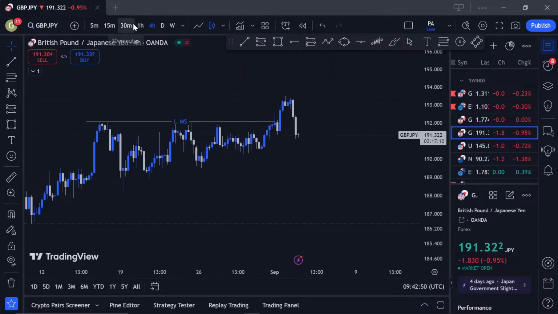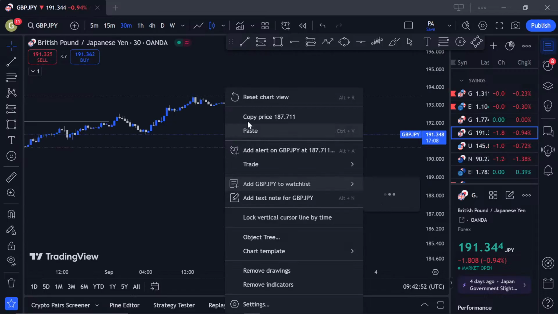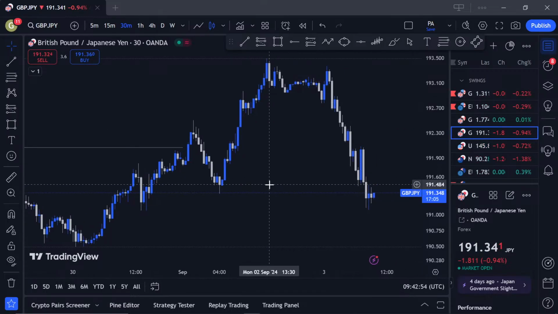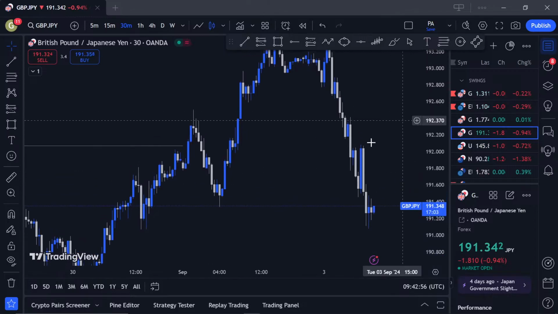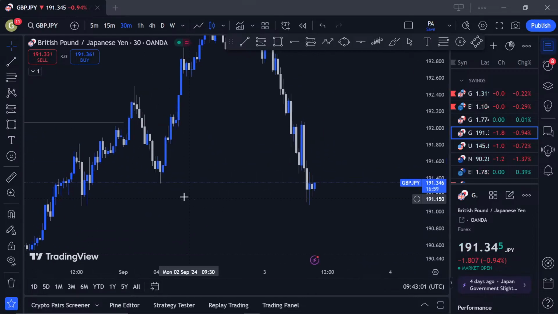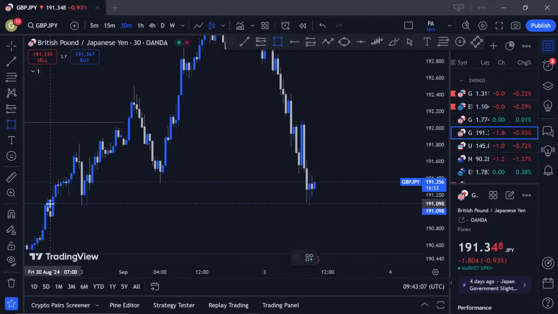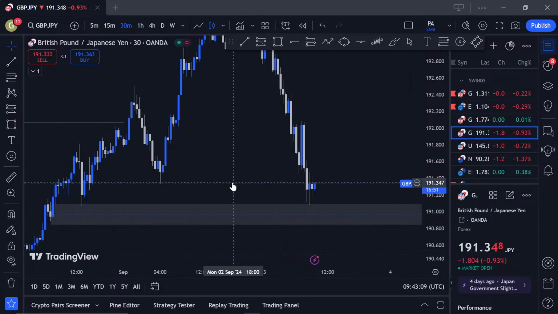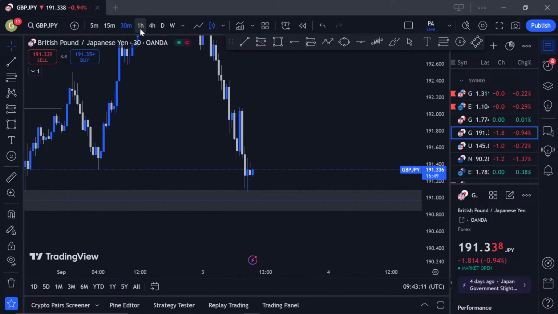So let me just jump over to the 30-minute time frame. Looking at the 30-minute time frame right now, the market is reacting from this demand level. Come over to the 1 hour from here.